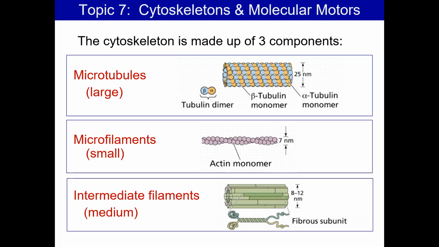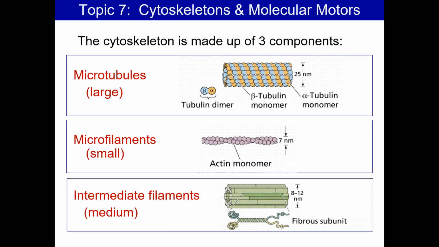So we had topic 7, which was the cytoskeleton. In topic 7, we looked at the microtubules, the microfilaments, and the intermediate filaments. You answered a question about this on the lab 4-5 lab report. Hopefully you've learned a little bit about these things, but remember they have all different functions.